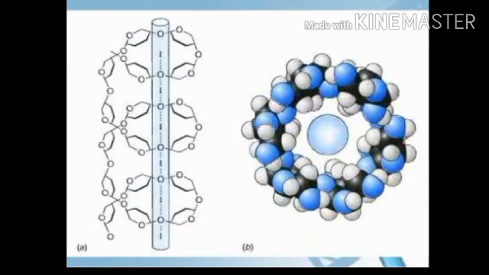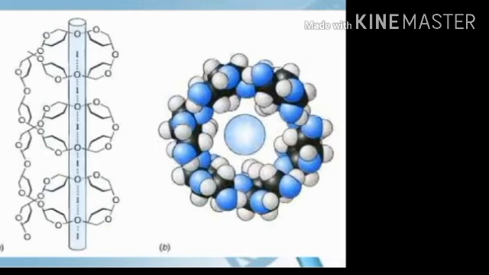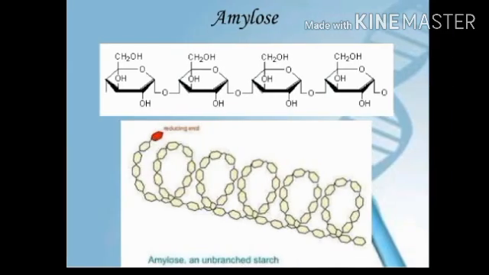These disaccharide units are joined to form the long chain which forms the cellulose molecule in the plant cell wall. The second polysaccharide is amylose. Here we find that the glucose molecules are joined with each other with a 1,4 linkage.